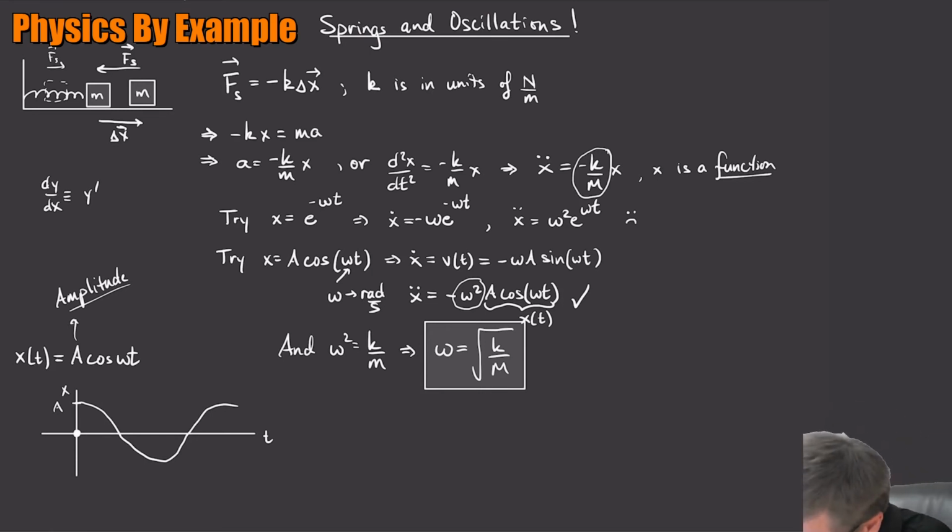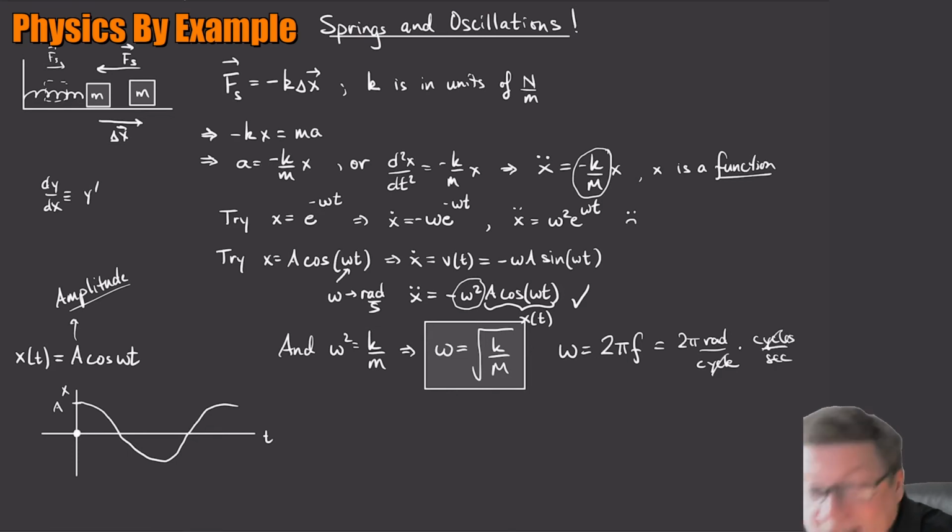So it turns out to be true that the angular frequency omega is equal to 2 pi times f. And the way that the units work out, it's 2 pi radians per cycle times frequency in cycles per second, right? And so we get omega as radians per second. So omega is 2 pi f.